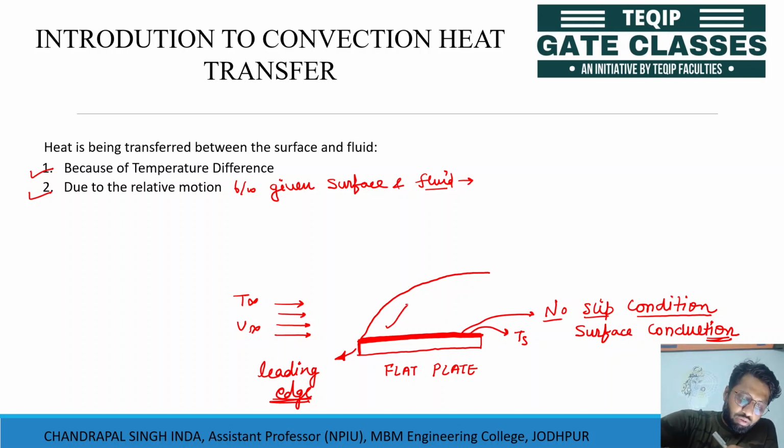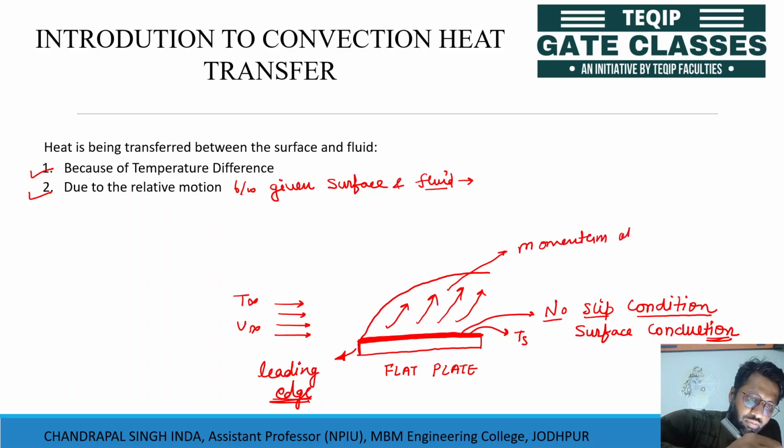Due to the development of the hydrodynamic boundary layer, there is an advection of the fluid, or momentum of the fluid. So the maximum heat is carried away by the momentum of the fluid in the boundary layer, or you can say advection.